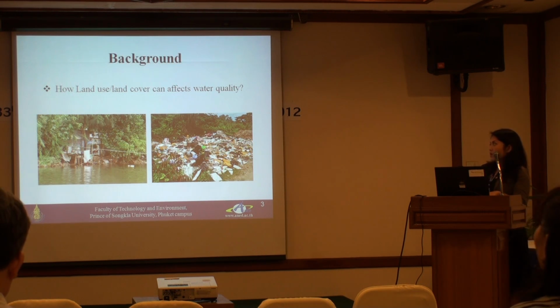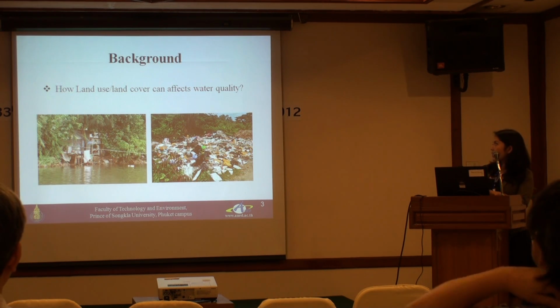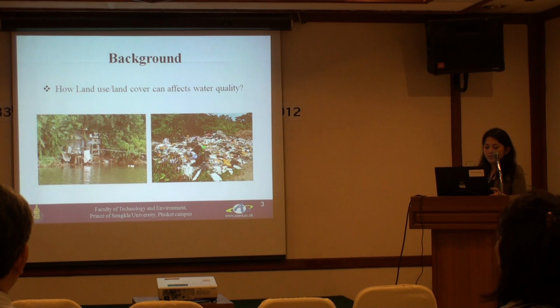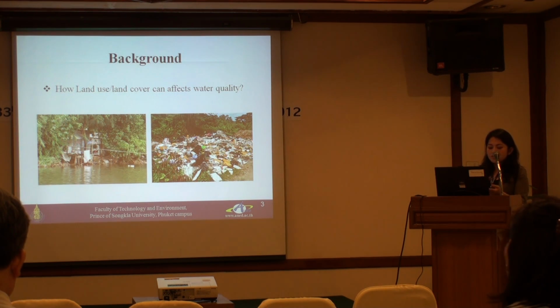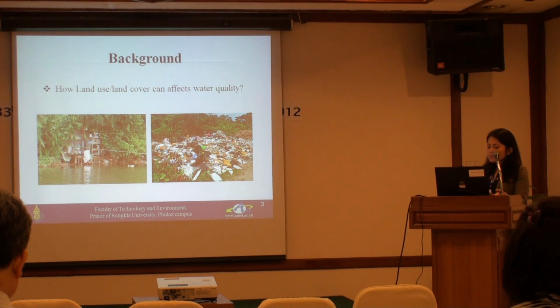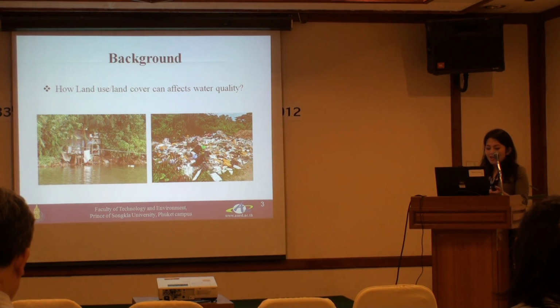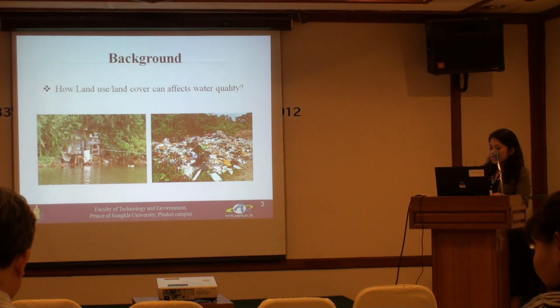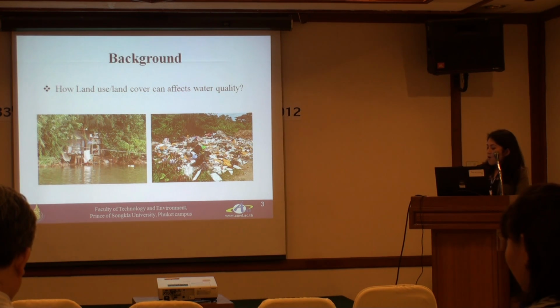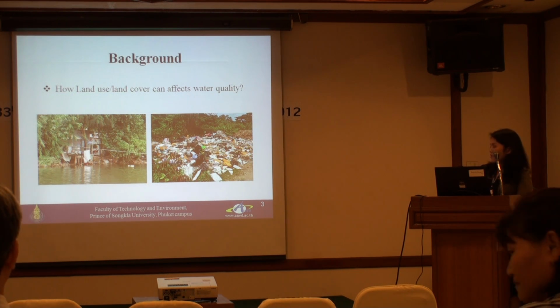We start with the question how land use and cover can affect the water quality. To understand this question, it's important to understand non-point source loading for pollution. Residential, urban, built-up area are dominant factors in generating large amount of non-point source pollution from water discharge into the water surface.